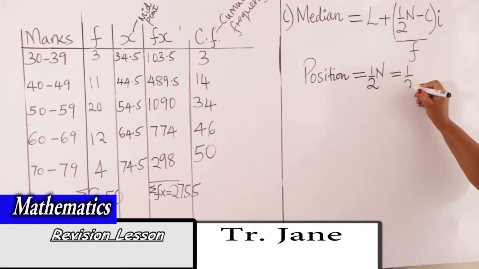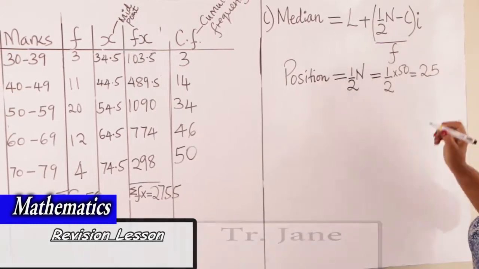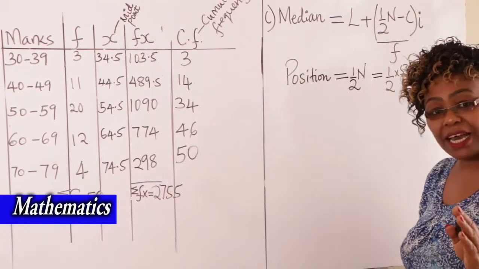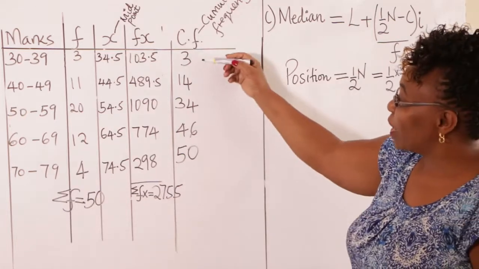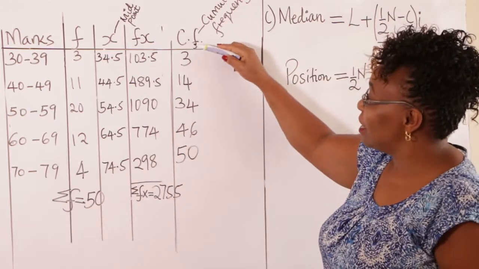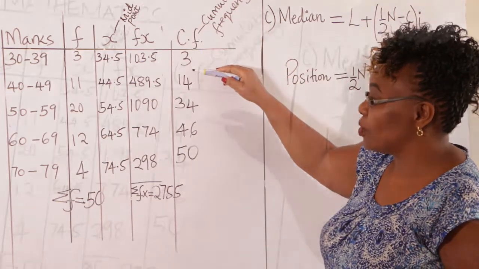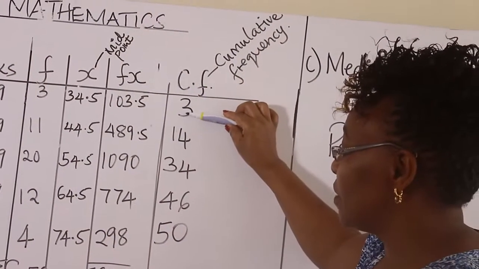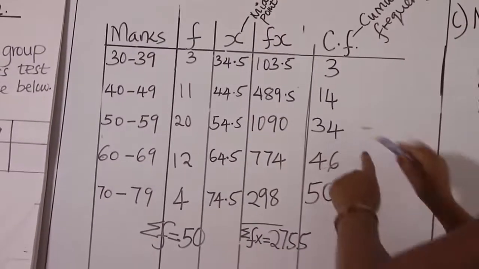And therefore a half times 50 gives you 25. So our median lies on the 25th position. You come to the cumulative frequency column and check where your 25 will lie. This is 3, this is 14, so 25 lies here.